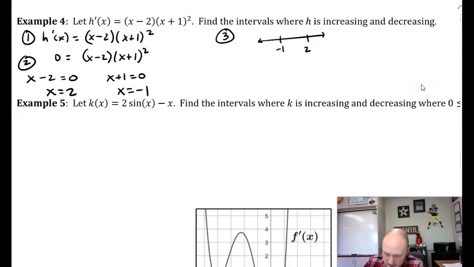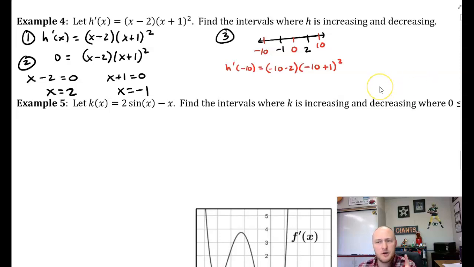Okay, so let's go ahead and test. Obviously here I'm going to test 0, I'll test -10, and I'll test +10. So what is h prime of -10? If I plug this in, -10 minus 2 times -10 plus 1 quantity squared.